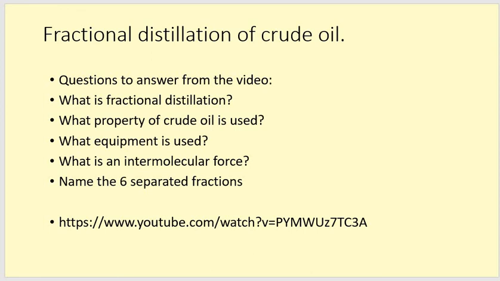Just in case you're getting bored of hearing my lovely voice talking to you, we have now got a video clip. And this is all about fractional distillation of crude oil. Distillation is when you use boiling point to separate a mixture of liquids. You have seen it used to separate ethanol in water using a Liebig condenser, I'm sure. You have got 5 questions here on this side which you will need to answer from the video.